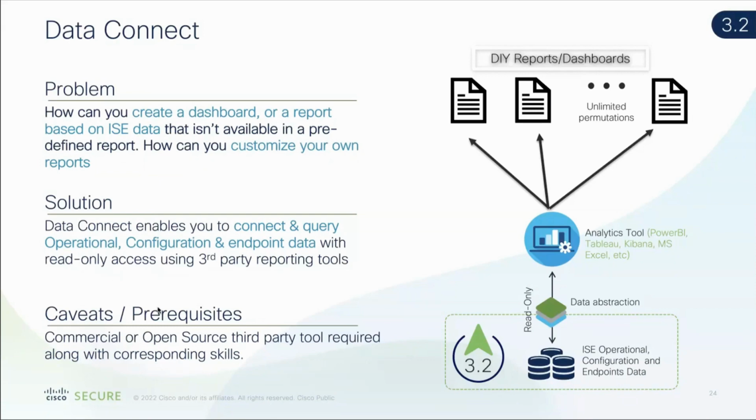Now with this Data Connect feature, the third-party tools can connect to the ISE database, query based on your requirement, and get the information out of ISE. That is the reason why the feature is called Data Connect. Through the third-party tools, you connect to the ISE database and get the data out of ISE.